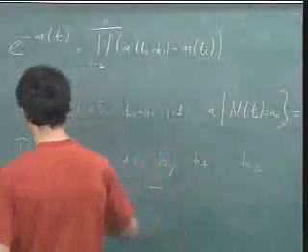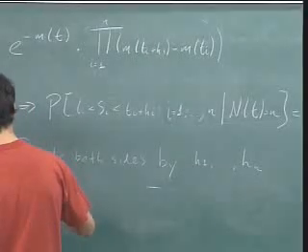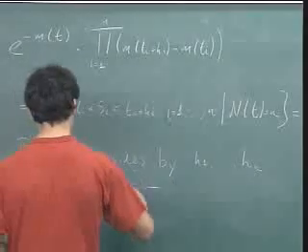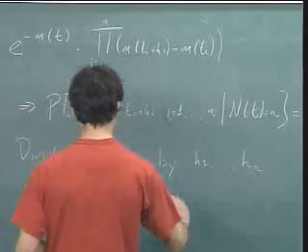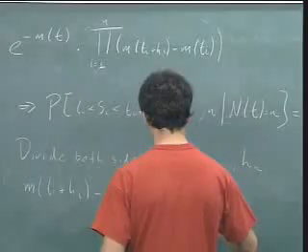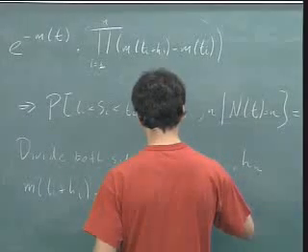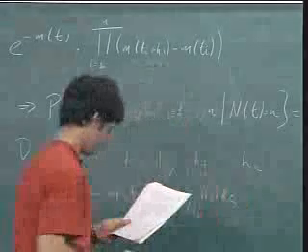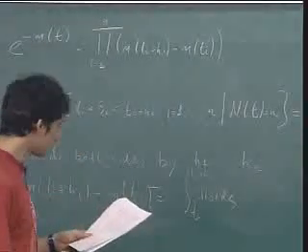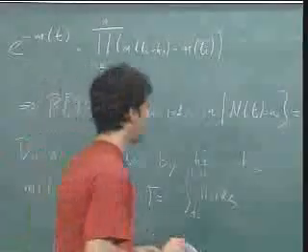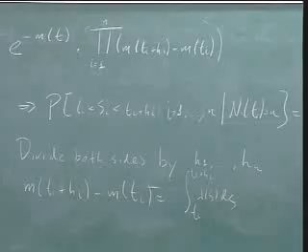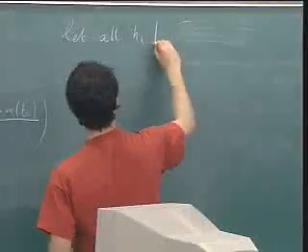And we use the fact that m(ti + hi) minus m(ti) is just this integral here. And then we let all the hi's go to 0, let all hi go down to 0.